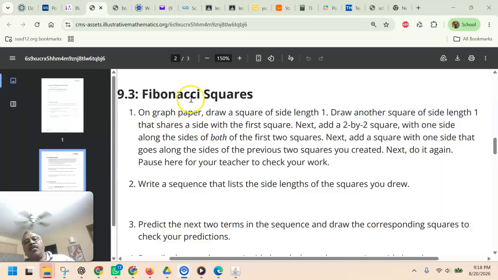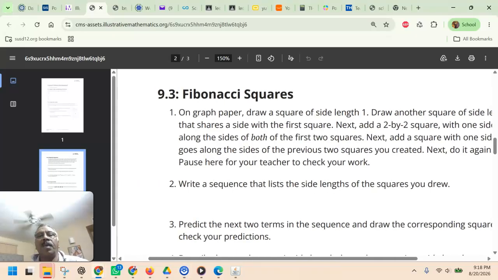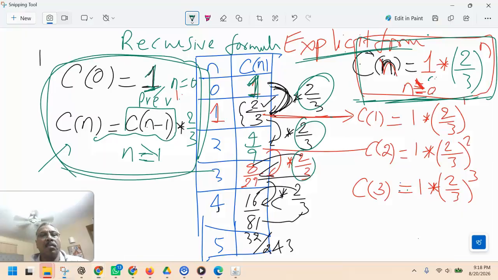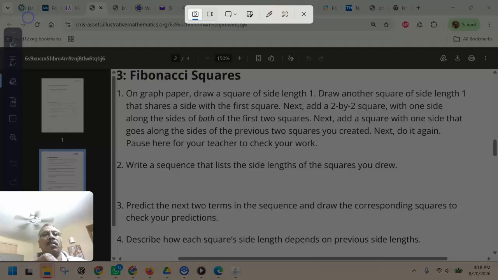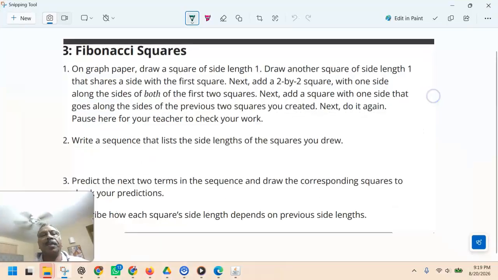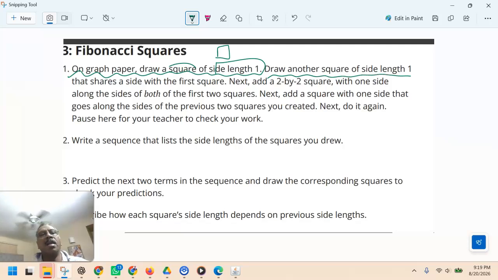Okay, 9.3 is Fibonacci squares. Now, what is this? On graph paper, draw a square of side length 1. So the square means like this. Draw another square of side length 1 that shares a side with the first square.